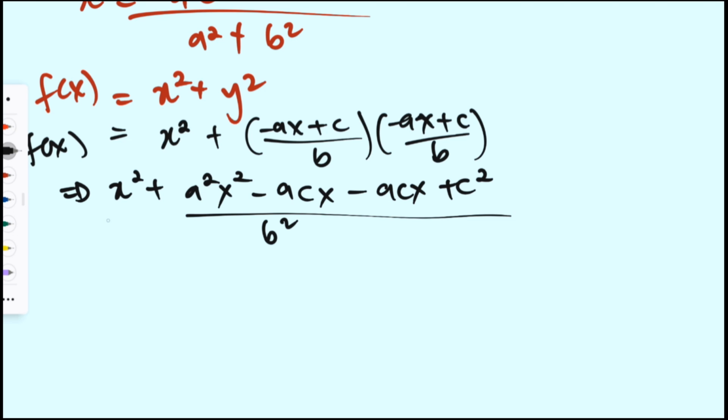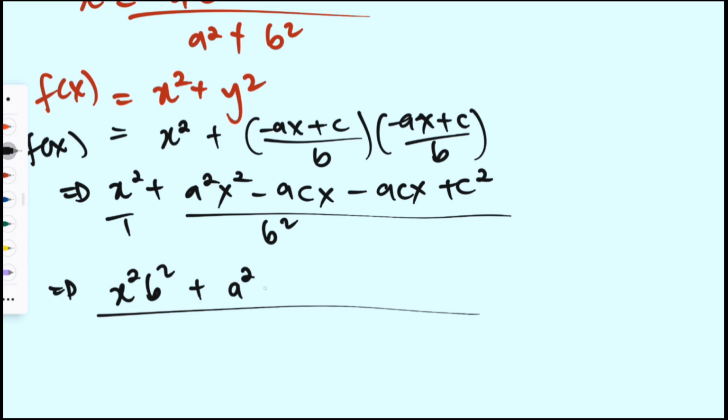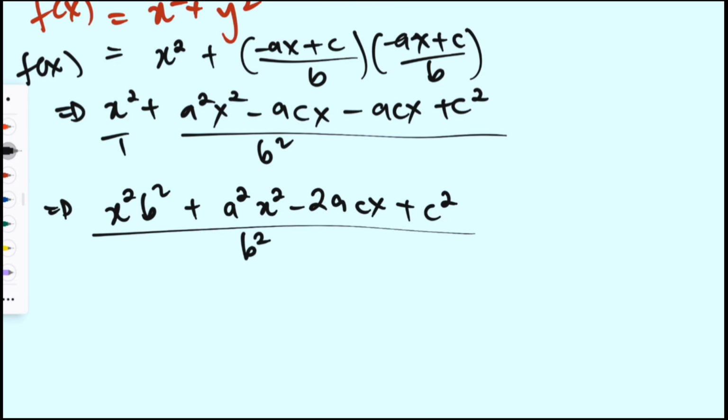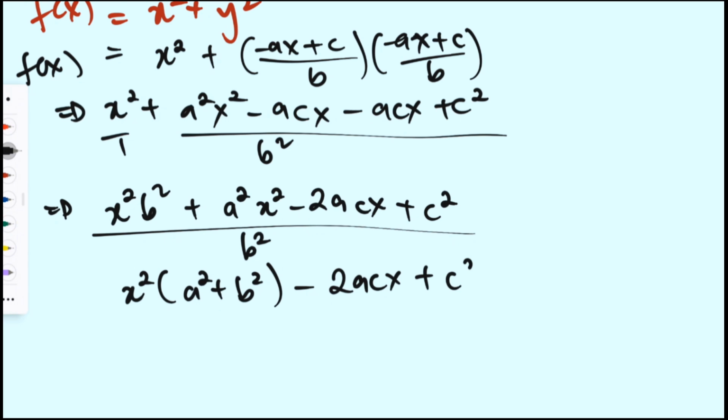Then find the common denominator. This would be x squared b squared plus a squared x squared minus 2acx plus c squared, all over b squared. All right then. I can factor out x squared from the first two terms. So x squared times (a squared plus b squared) minus 2acx plus c squared, over b squared.